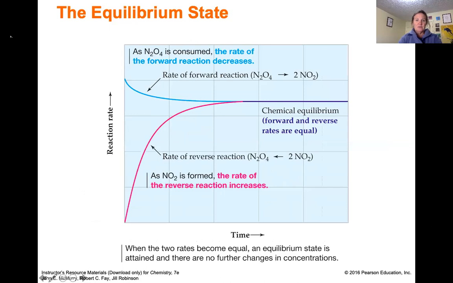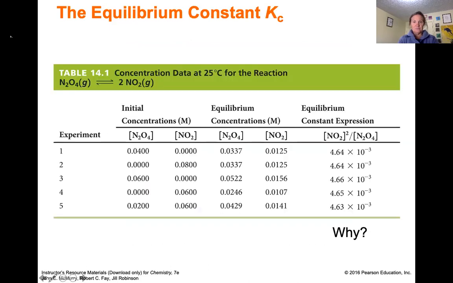In the early time when the concentrations are changing, we call that the kinetic part of the reaction, and the rate forward and the rate backwards aren't equal to each other. When they reach the point where they're equal to each other, then you're at equilibrium.